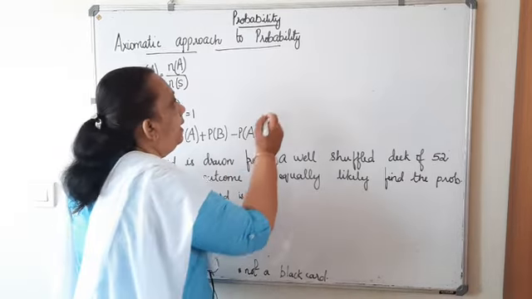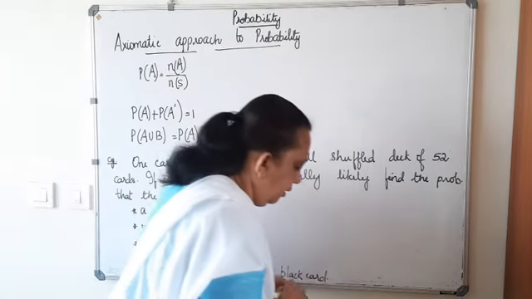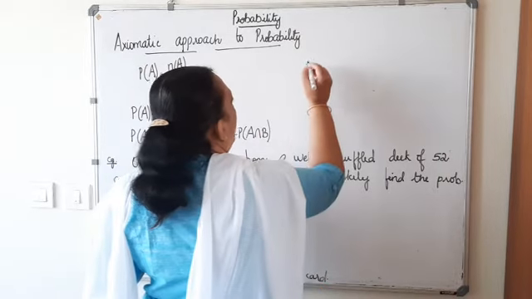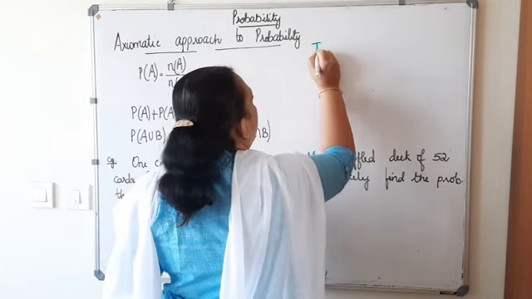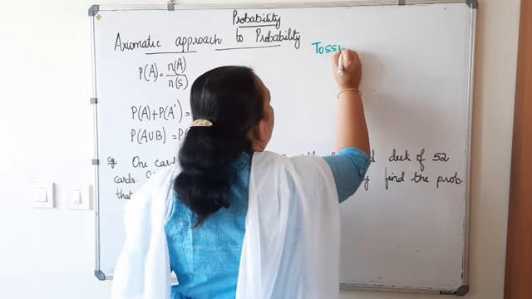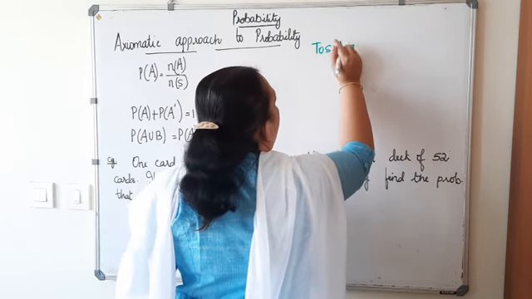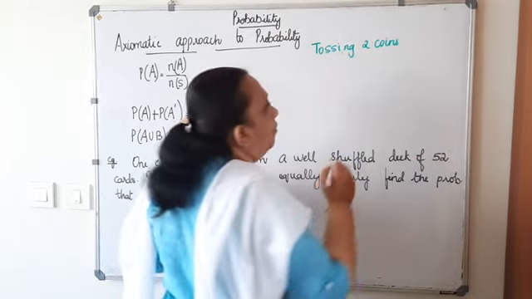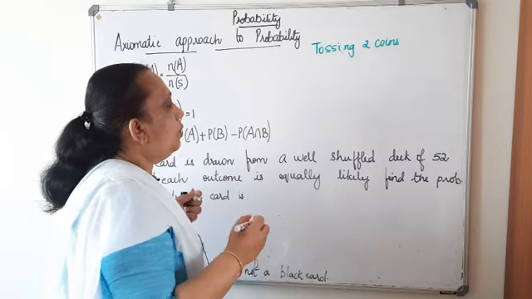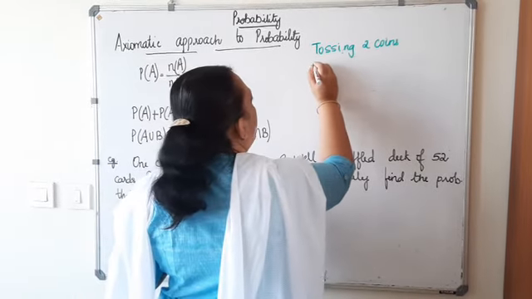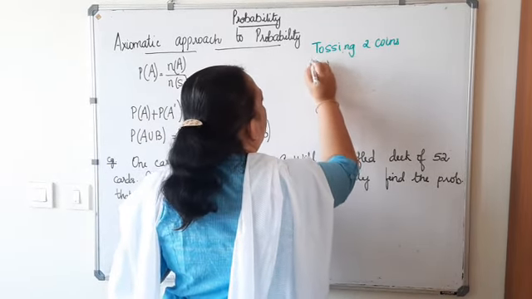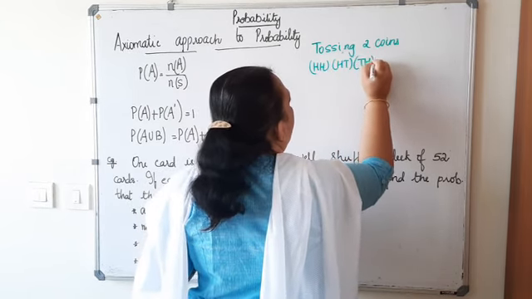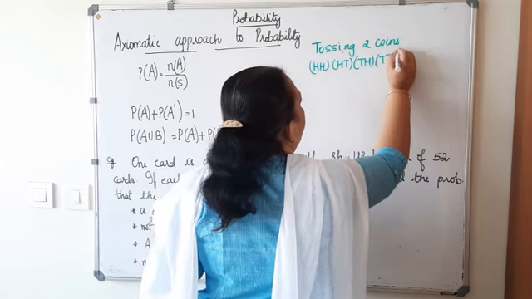For example, let us consider the possibility of tossing two coins, or one coin tossed twice. The sample space is equal to HH, HT, TH and TT.